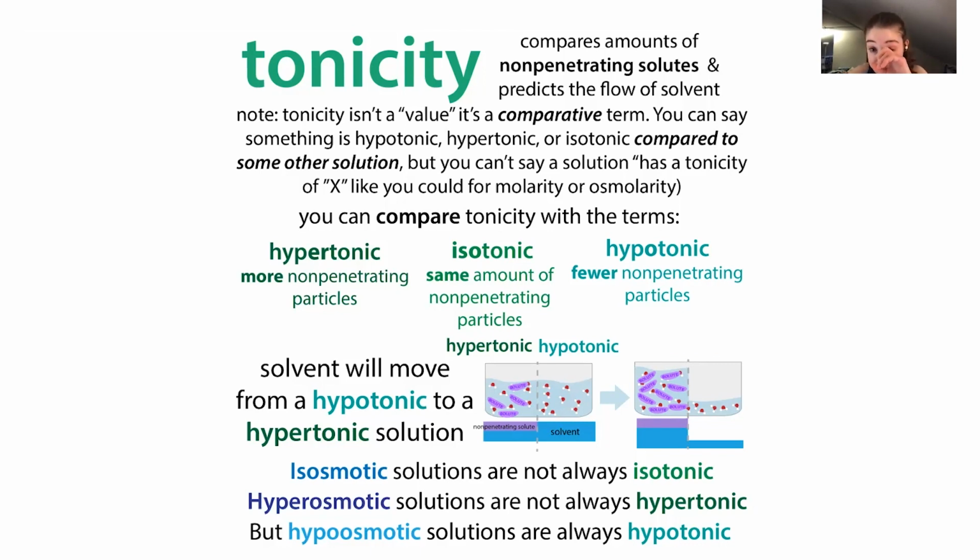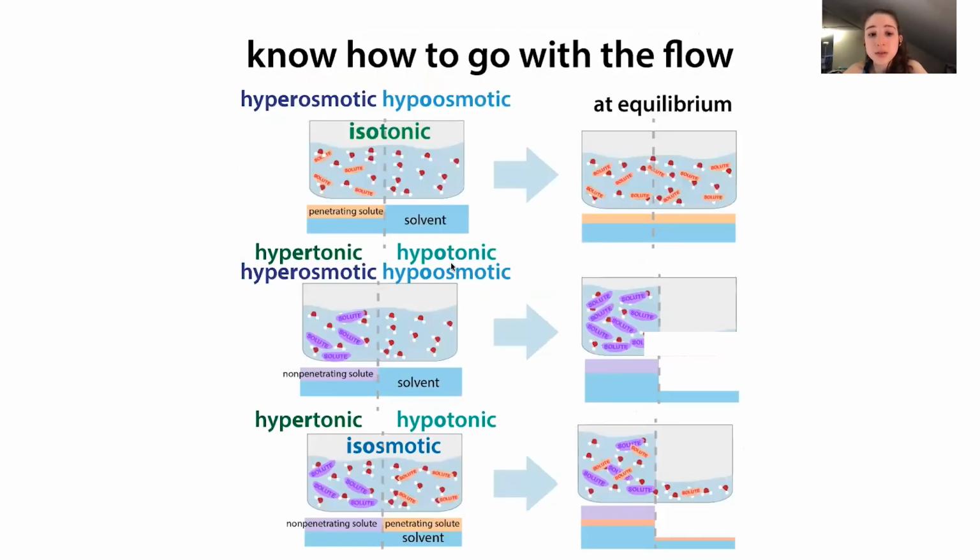And so let's look at some examples of how this can be. Say we have this barrier, but we start with a solute in only one side of the barrier. But this solute is penetrating. So we have these two solutions.